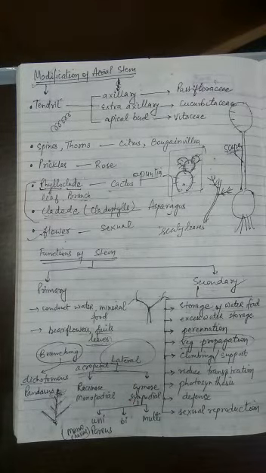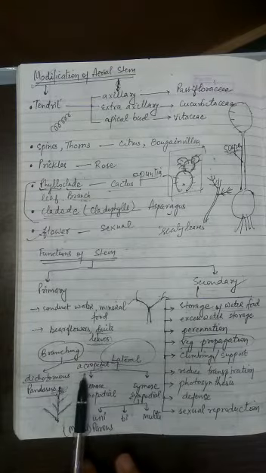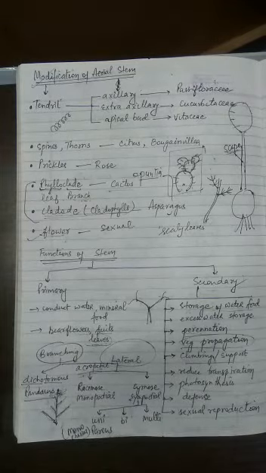So two points you have to remember here. In the racemose branching, first point is that the main stem will continue to grow indefinitely, and second point, branches will grow in which manner? Acropetal manner. Now another point you can learn is that these branches do not compete with the main stem. So main stem will continue to grow and the branches also will continue to grow side by side.